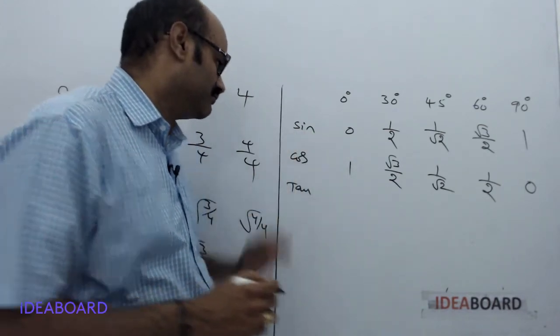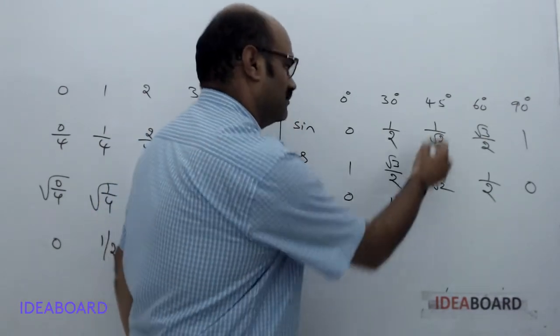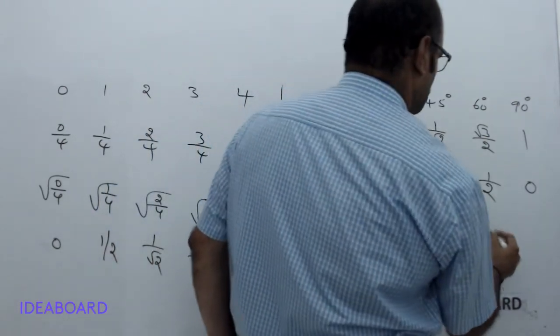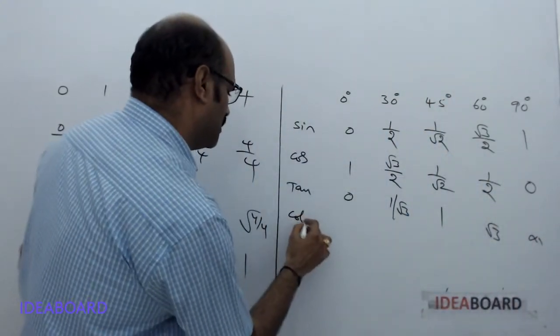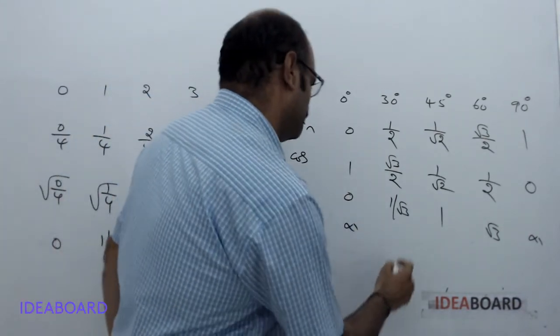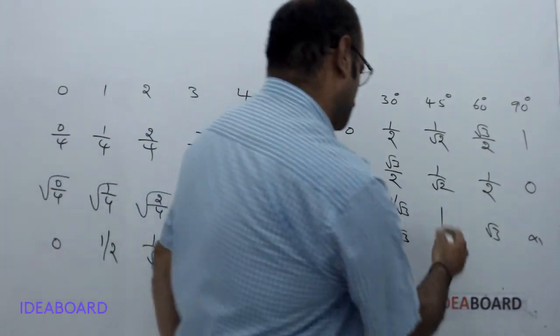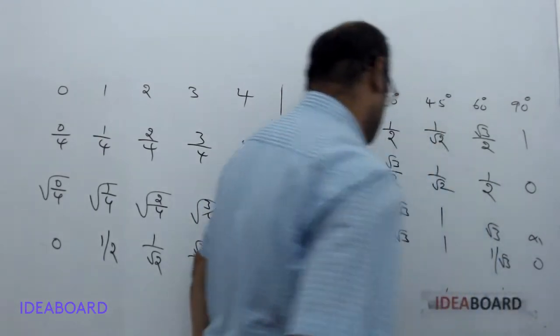So 0 by 1 is 0, then 1 by root 3, cancel, so root 3 by root 3 is 1, then root 3, and 1 by 0 is infinity. Now for cot, the reciprocal of tan: infinity, root 3, 1, 1 by root 3, 0.